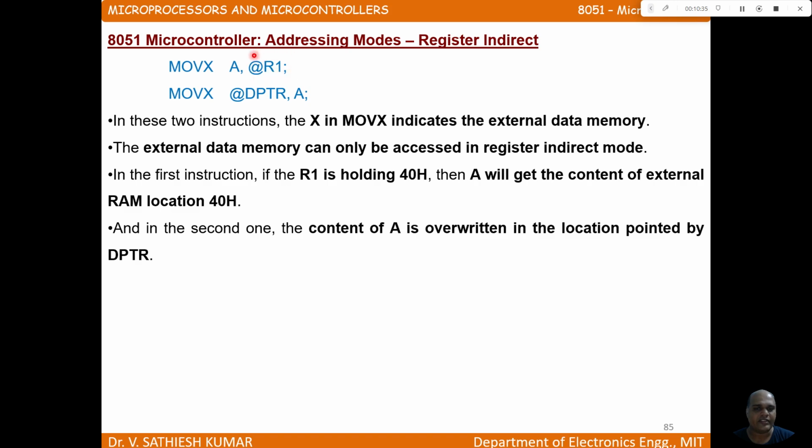The R1 contains an address, and from that address we take the data and move it on to your A. So now this R1 is an address pointing to the external data memory. Same way, MOVX @DPTR, A. So the accumulator content goes to the address location pointed to by your data pointer.